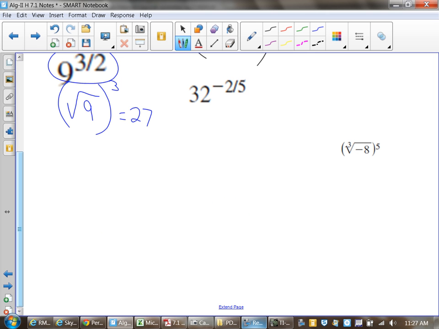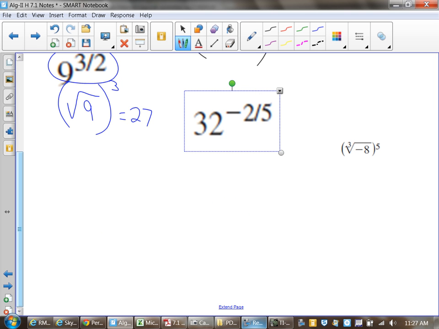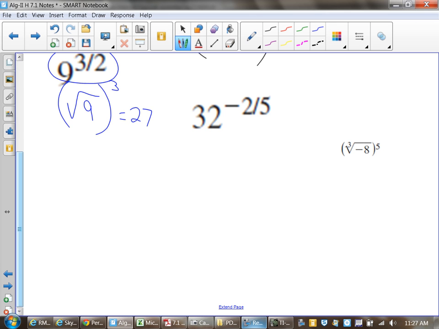Same idea here. This is a negative exponent. Is that happy where it is? It's not happy. So send it where it's happy. Now it's happy. Which means you can use the rule again. This is the same thing as saying 1 over, well, what's my nth root here? 5.